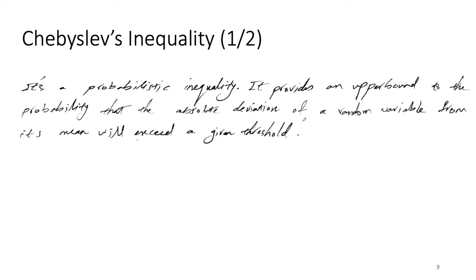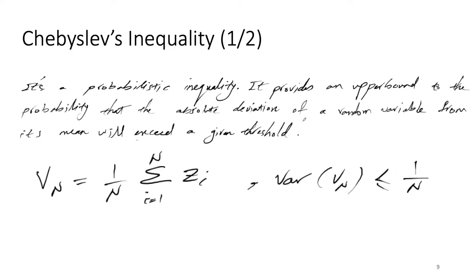So this inequality provides an upper bound to all the probabilistic models. So say Vn was defined as 1 over n, the summation of i from 1 up to n, zi, and the variance of n is smaller or equal than 1 over n.